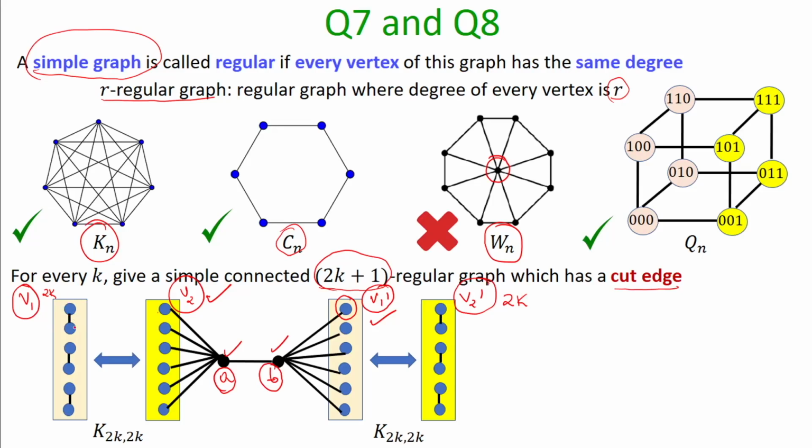You take the first two nodes and add an edge between them. Then you take the third and the fourth node and add an edge between them, and like that you take the fifth and the sixth node and add an edge between them, and so on. That will ensure that the degree of every vertex in V1 becomes 2k plus 1. And if you do the similar process for V2 prime as well, that will ensure that the degree of every vertex in V2 prime becomes 2k plus 1.